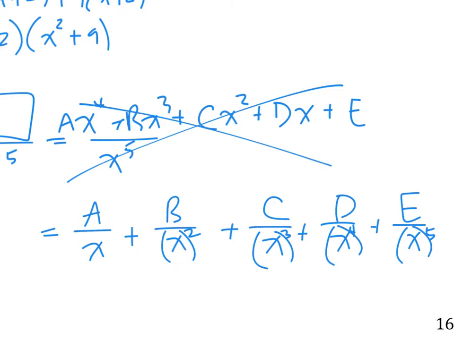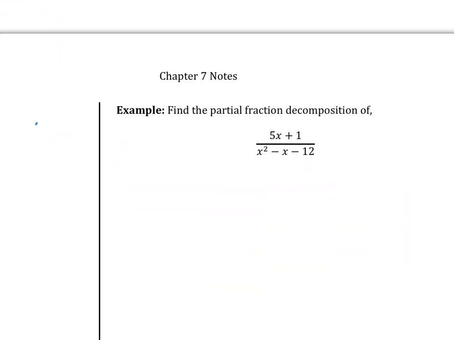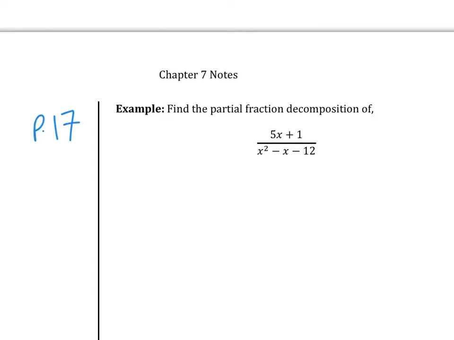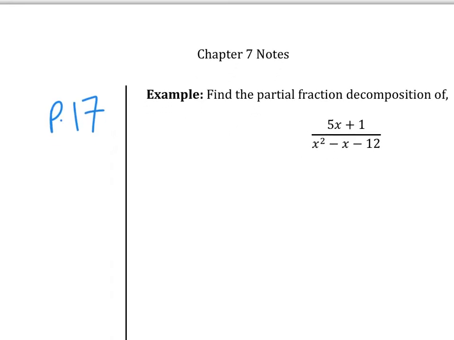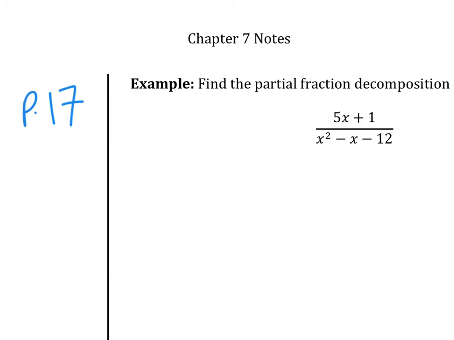All right, now we are ready to solve a real problem. Next, 2 pages later, page 17. This is the question that we just did where we combined it together and we got that fraction.